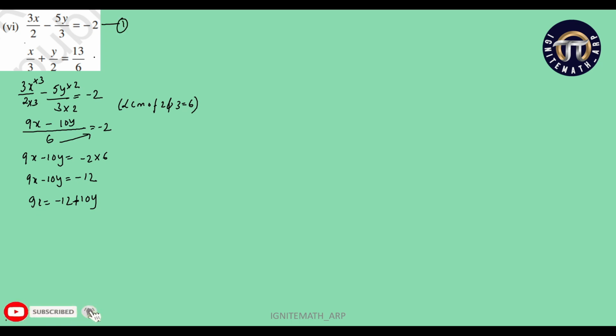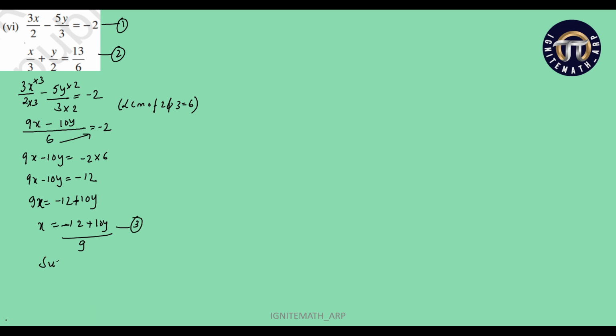So I'll call this equation 1 and equation 2. So 9x is equal to this much. x is equal to what, children? x is equal to minus 12 plus 10y divided by 9. That is going to be the value of x. Clear, children? This is nothing but x. I'm going to call this equation 3.